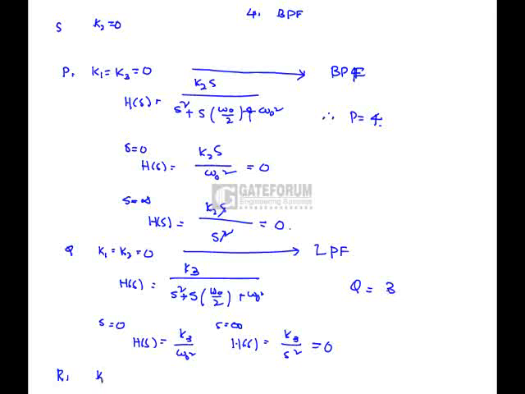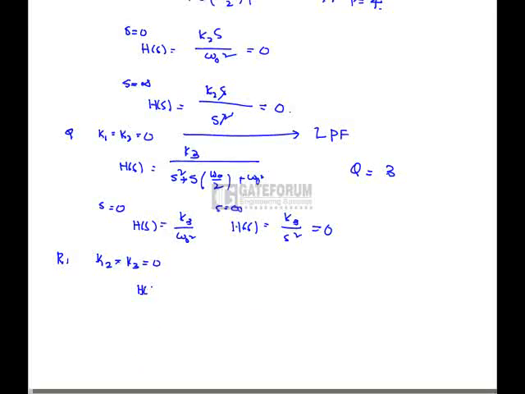Similarly, if we use the condition k2 and k3 equal to 0, H of s is going to be k1 s square by s square plus s omega naught by Q plus omega naught square. At s equals 0, H of s is going to be 0. At s infinite, H of s is going to be a constant, which is k1.